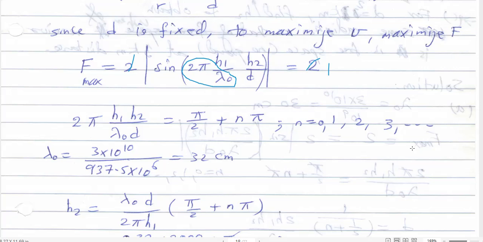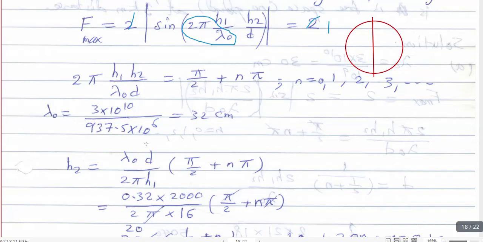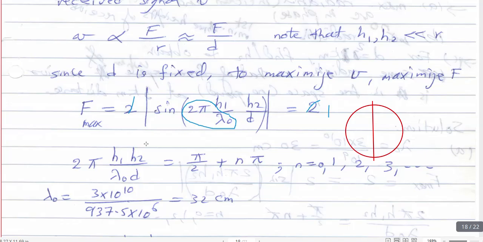When the angle is pi over 2 plus pi, it will be minus pi over 2 plus pi, it will be pi over 2, and so on. That's why we have this equation. The wavelength is equal to the speed of light in centimeters per second over the frequency.